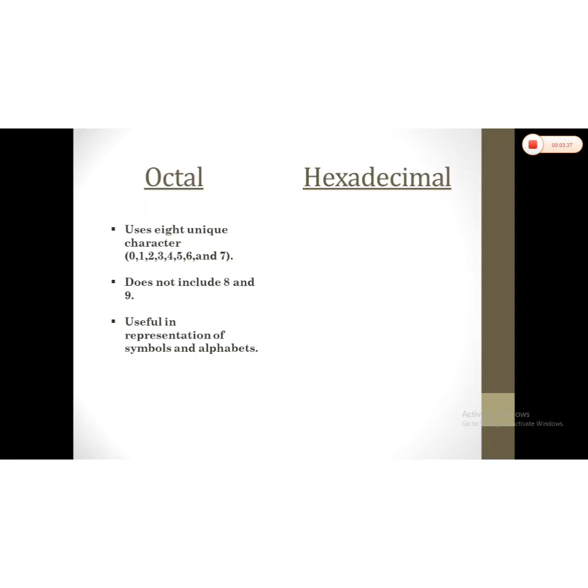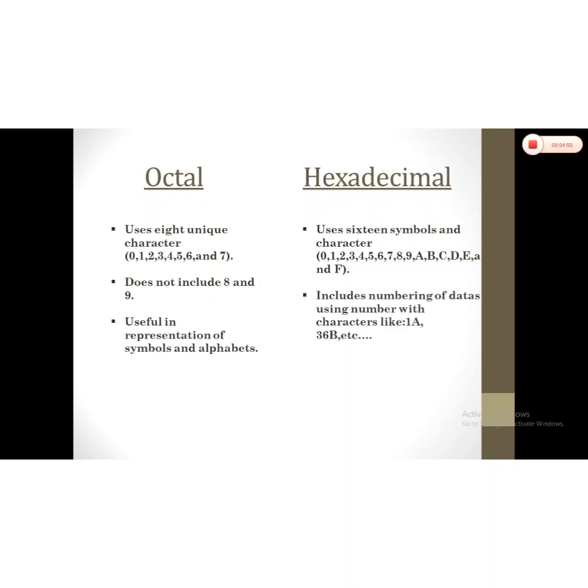Hexadecimal uses 16 symbols and characters, which are 0 to 9, and for 10 to 15 it does not use numbers. It uses A, B, C, D, E and F. That's why it is the hexadecimal number system. Very interesting and very complicated.